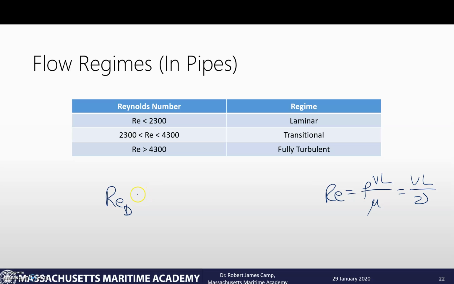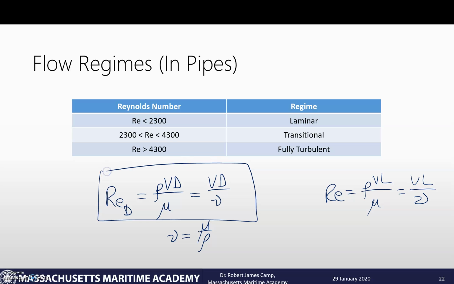So my Reynolds number would be rho VD over mu, density, velocity, diameter over absolute viscosity, or VD over nu. Remember, nu is our kinematic viscosity, which you can look up, or if you wanted to calculate it, kinematic viscosity is mu over rho. That is our most sciencey equation because it's all nothing but Greek letters. So this is how we're going to figure out what regime we're in.